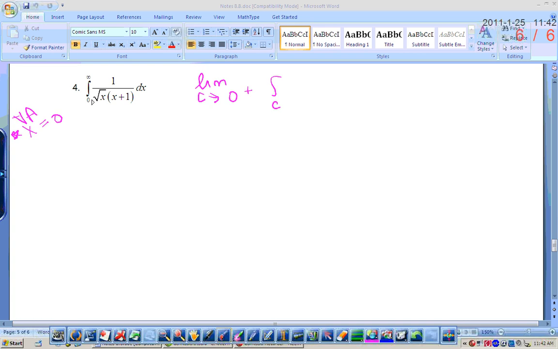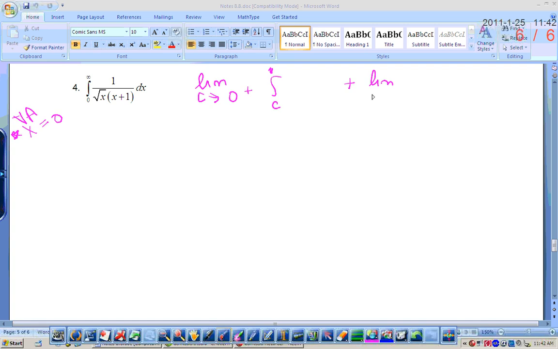So what do you want to break up between 0 and infinity? 1. Well, I can use any number between 0 and infinity, but I can't use 0 because I've already got that vertical asymptote at 0. So I just picked 1 because I have to think ahead to something that's going to be easy to plug in, and 1 would be easy to plug in.